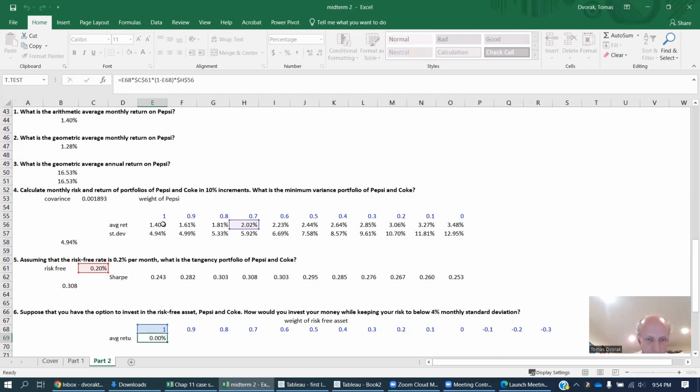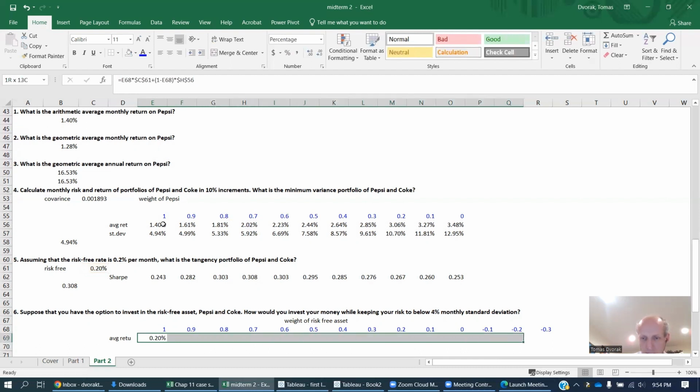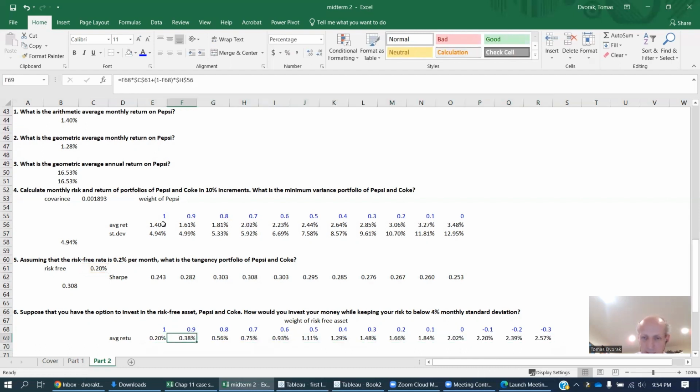I think I see the problem. I put in times instead of plus. So this has to be plus. And I'll hit enter on that. And I'm gonna control write that. That makes sense. If I'm 100% in the tangency portfolio, I'm earning 2.02.